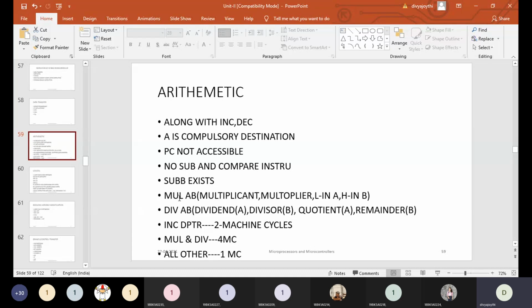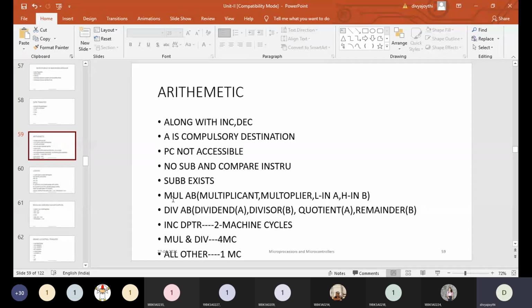Immediately after the mnemonic, the register that we call the destination register is A. Not only for these two, whatever arithmetic operation you perform, immediately after the mnemonic, the destination should be the accumulator only.